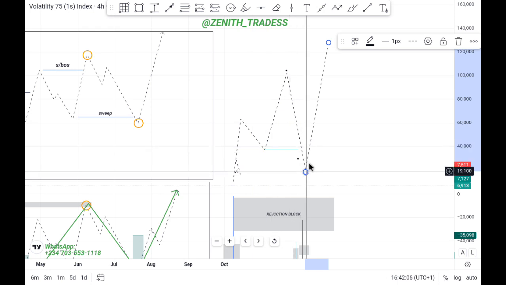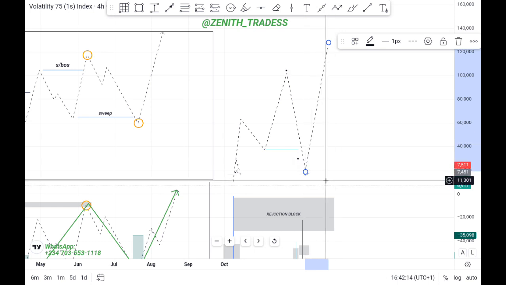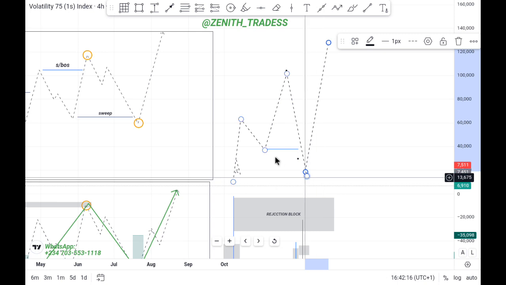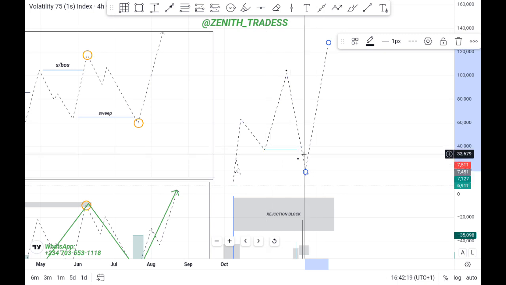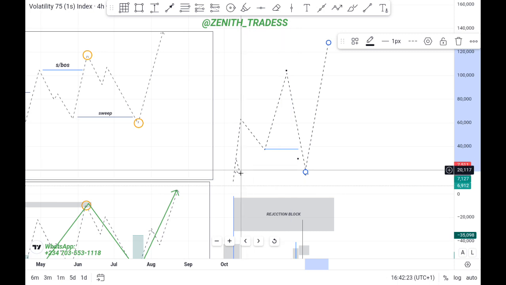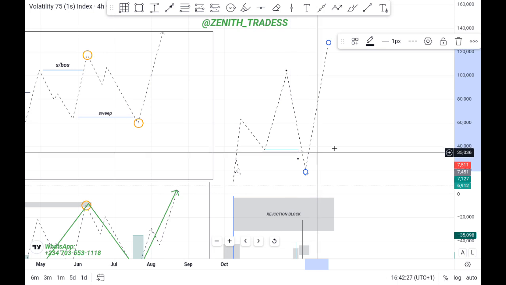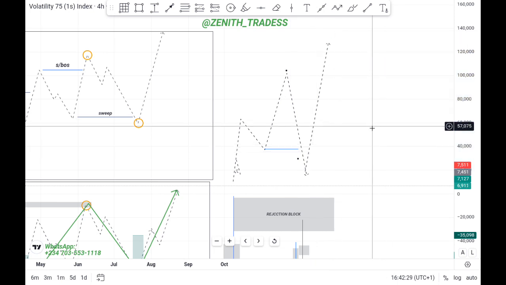Once it has given you a confirmation as a CLT to enter, you can then enter, because CLT must give you confluence on 4H before you enter. So if it has swept this low, if the CLT has not given you confirmation to enter, you have to be patient. If it sweeps this low and it's also aiming to come and sweep the structural inducement, fine. Both of our strategies, they must give you confirmation before you proceed.